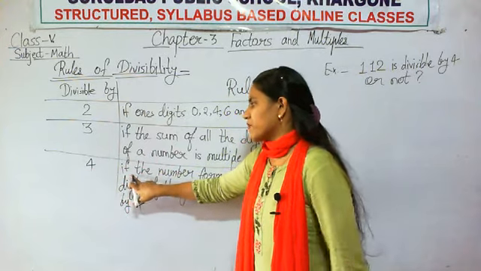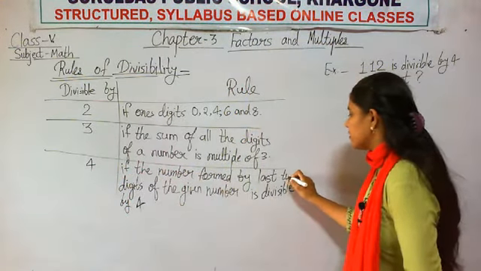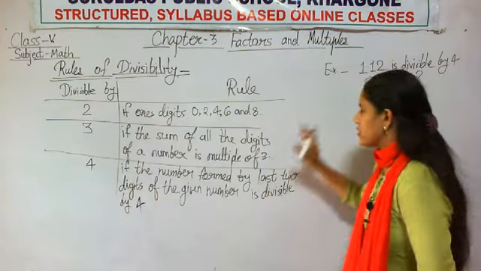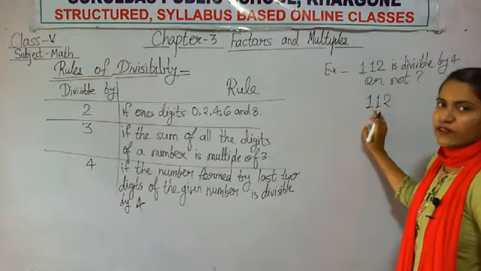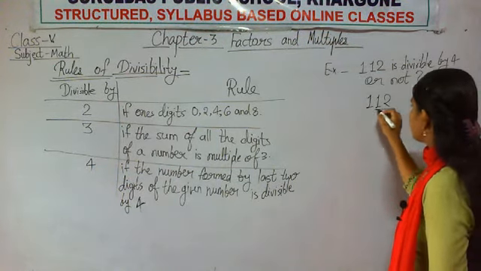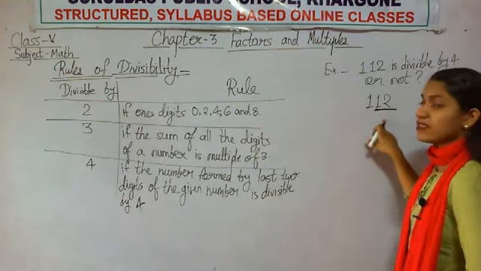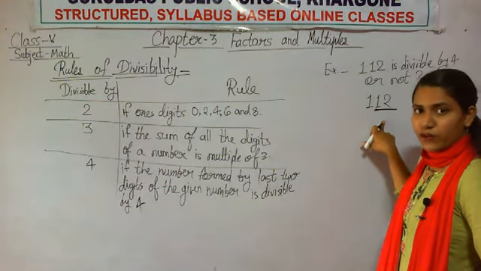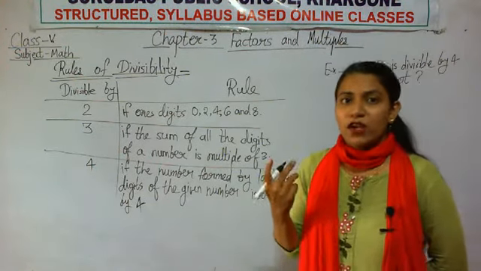So here you observe that if the number formed by the last two digits is divisible by 4, then you can say that yes, 112 is divisible by 4.